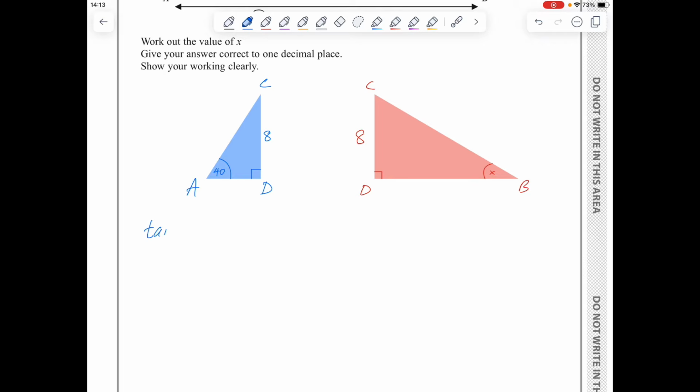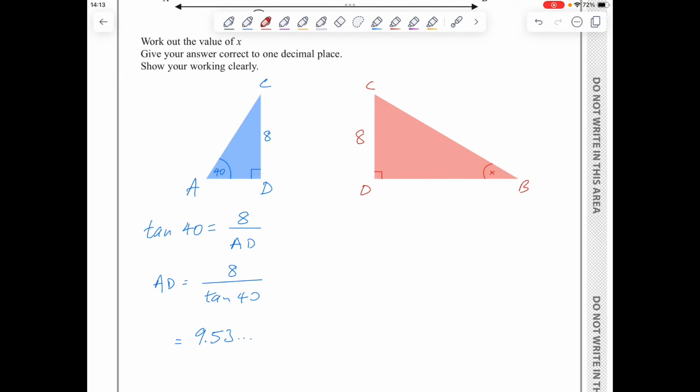So tan of angle 40 is equal to opposite, which is 8, over adjacent, which is AD. Let's rearrange. AD is equal to 8 over tan of 40. Put this in the calculator and you'll get an answer of 9.53 and so on.